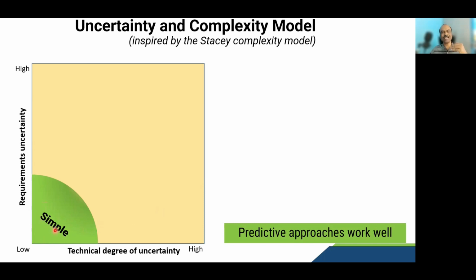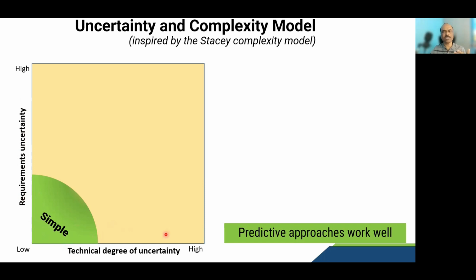Now, if one of the uncertainties is higher, say for example, the requirements uncertainty is higher, you are not very clear what to deliver, but at the same time you know how to deliver. The only thing I'm not sure about is the deliverables, but once I finalize the deliverable, I know how to deliver. Which means one uncertainty is higher, whereas the other is reasonably lower. Or on the other hand, you know what to deliver, but you are not sure how to deliver. This could happen.